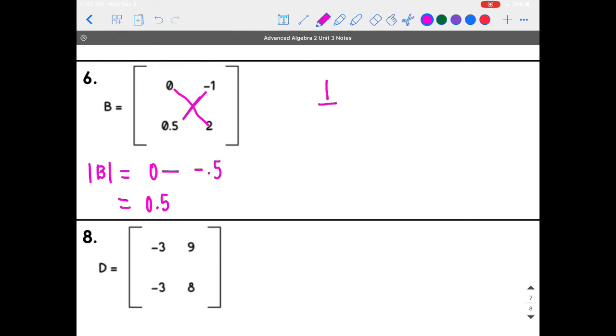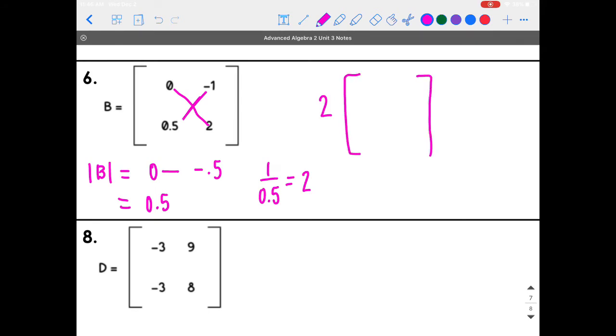And then we take 1 over the determinant, so 1 over 0.5. If you know what 1 over 0.5 is, then you know that it's actually 2.